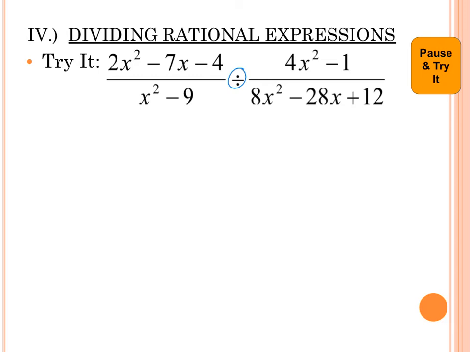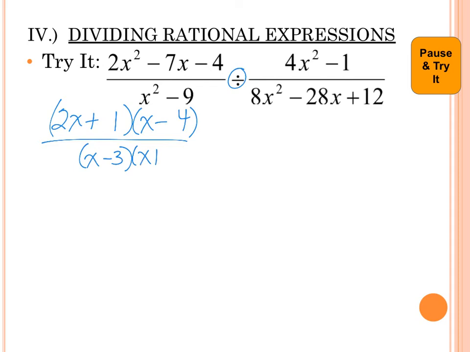I'm going to factor and flip. So when I factor this, difference of 2 squares, I'm going to flip, so I'm going to take out a 4 first.